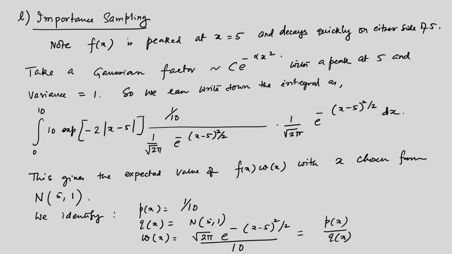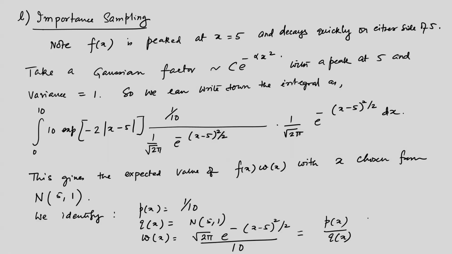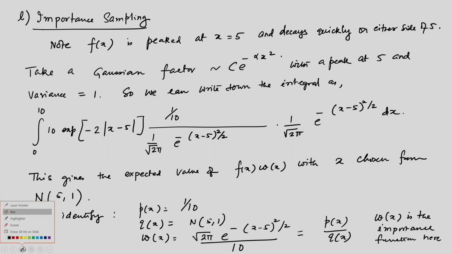Please go back and see the definition, this is exactly what we have done. So, instead of a constant distribution which is 1 over 10, we have now taken a normal distribution with a given mean and variance. So, W(x) is the importance function here, or you can call it the importance weight.